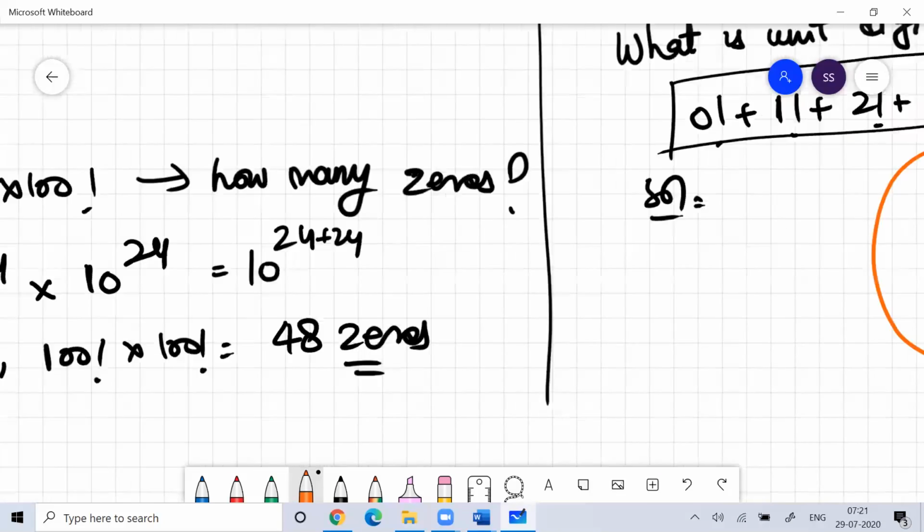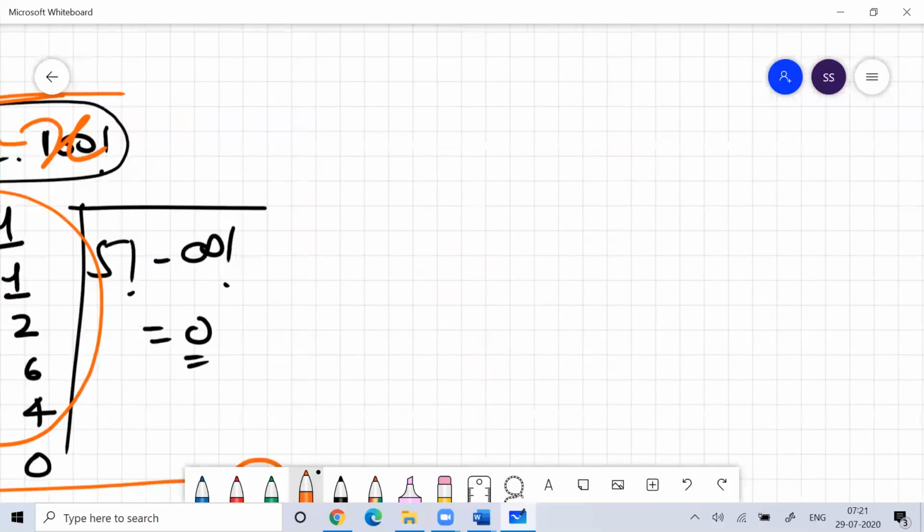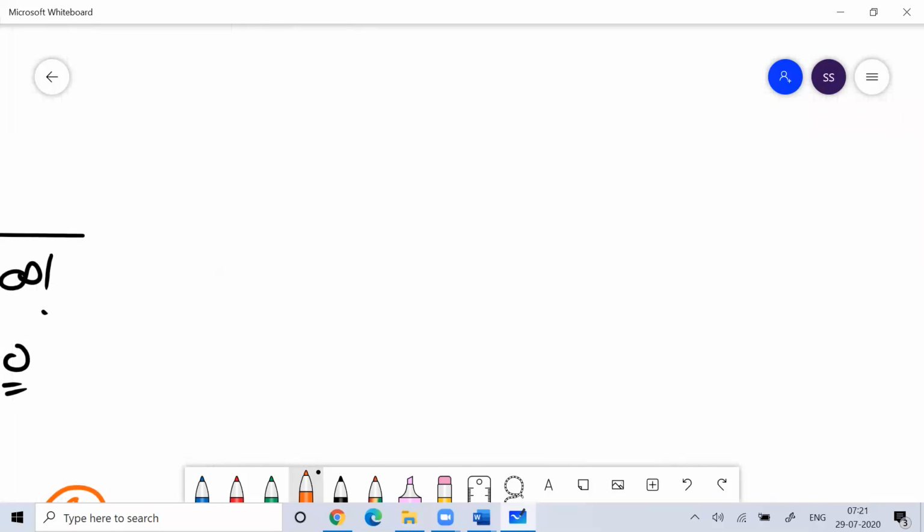Now, going further on the concept of factorials, you know that 8 factorial is 40320.